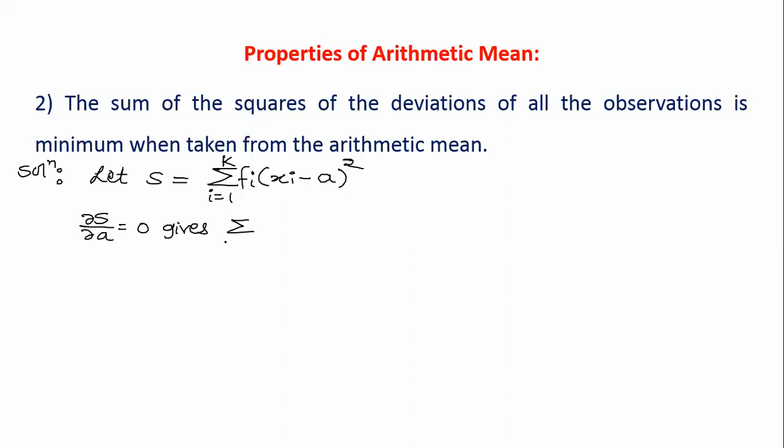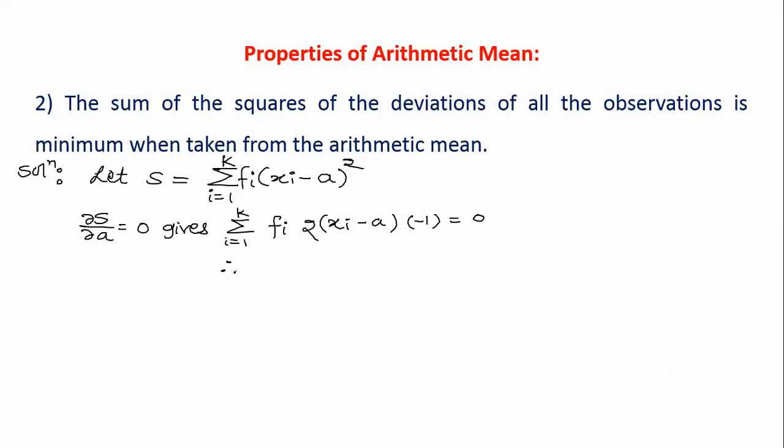Summation i from 1 to k, f_i times 2 into (x_i minus a) into minus 1 is equal to 0.